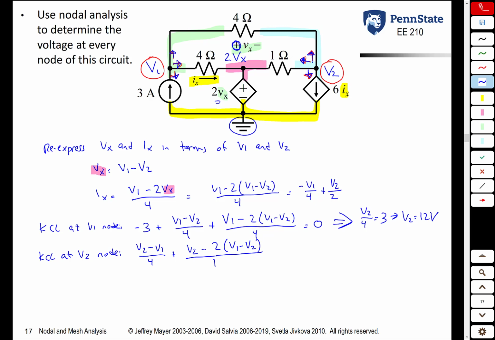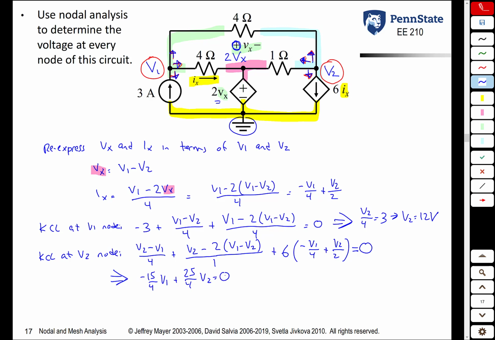Current going down is 6Ix, but we don't write Ix as Ix, we write it as 6 times minus V1 over 4 plus V2 over 2, and we sum all of that to equal 0. When you simplify the second equation, you get minus 15/4 V1 plus 25/4 V2 is equal to 0.